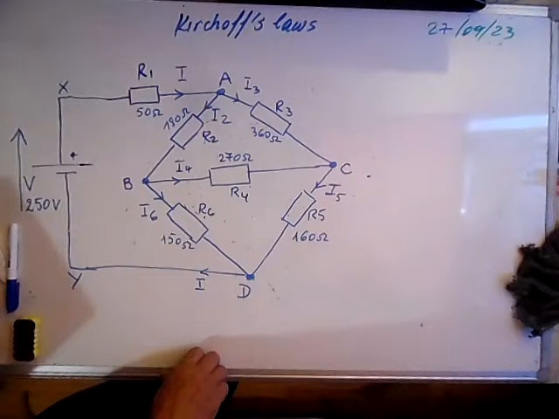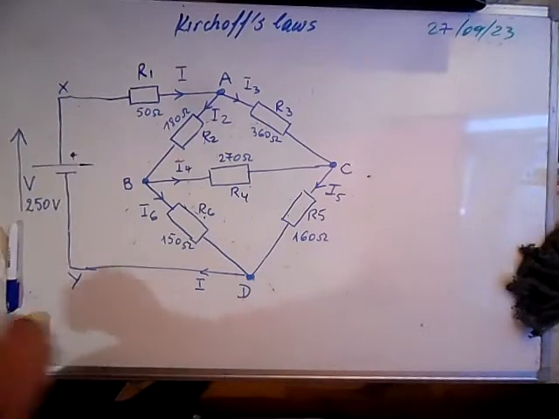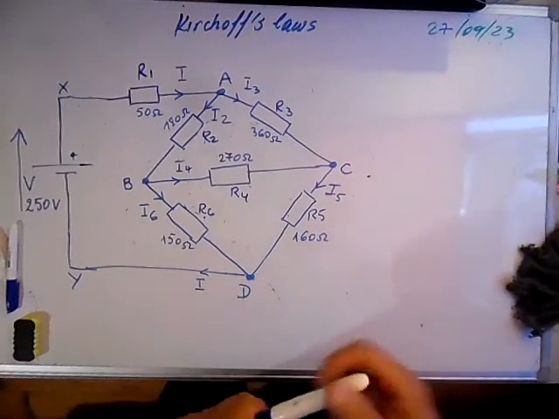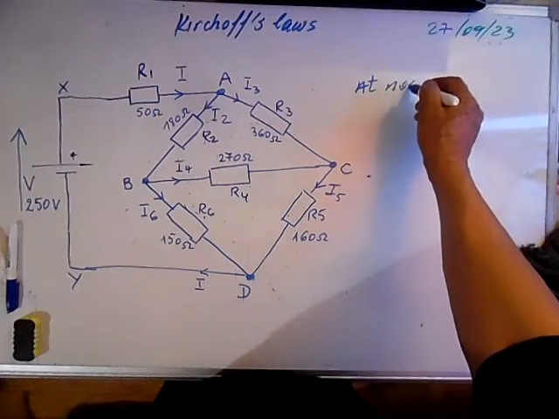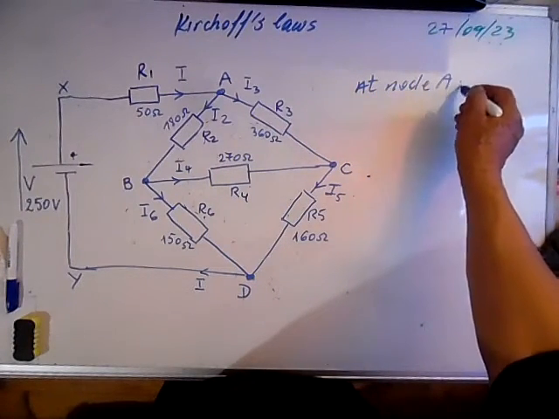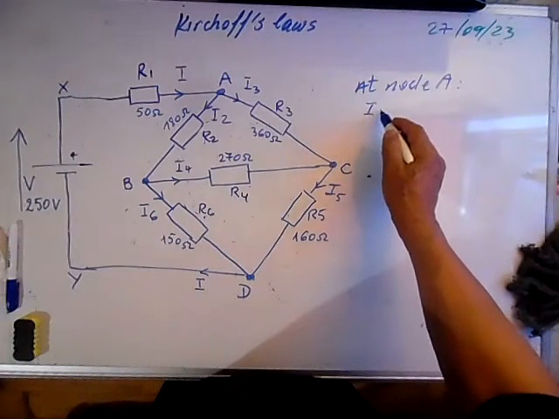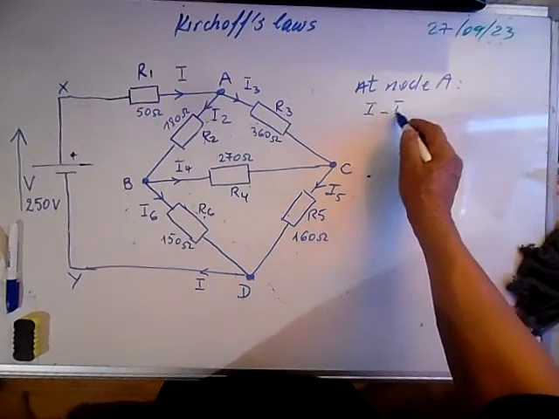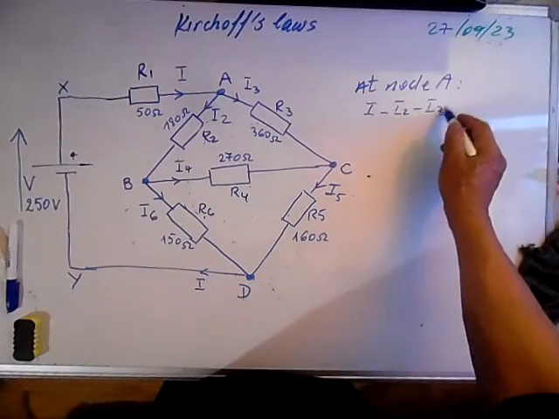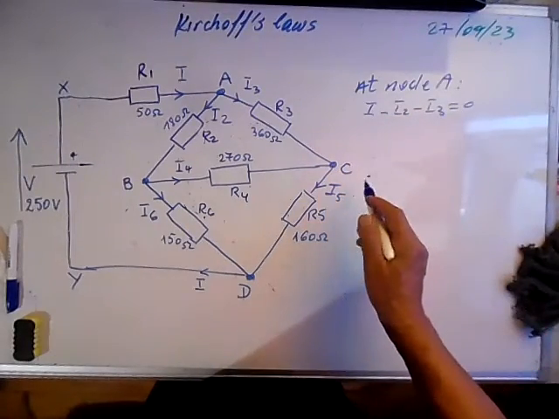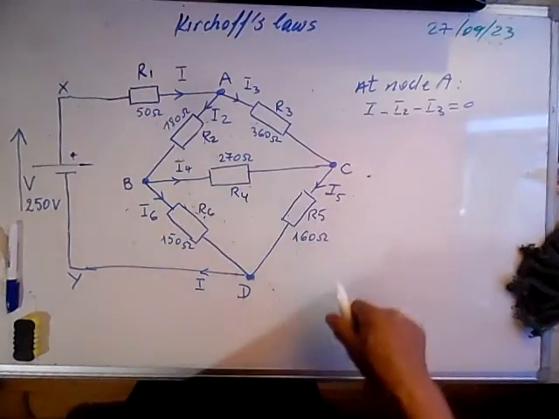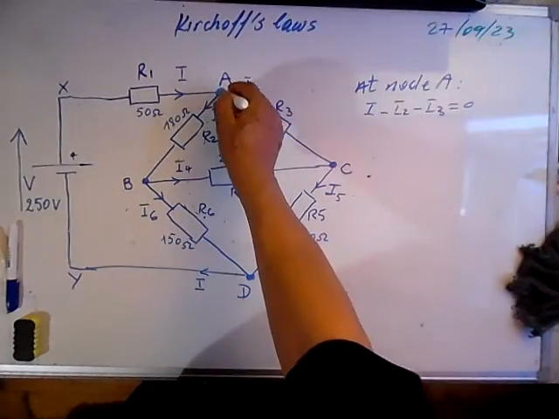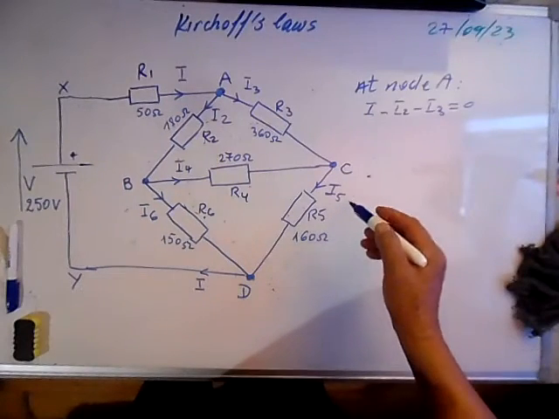On applying the current law, at node A we can write that I minus I2 minus I3 is equal to 0. Those that enter are positive and those that go out of the node are negative.